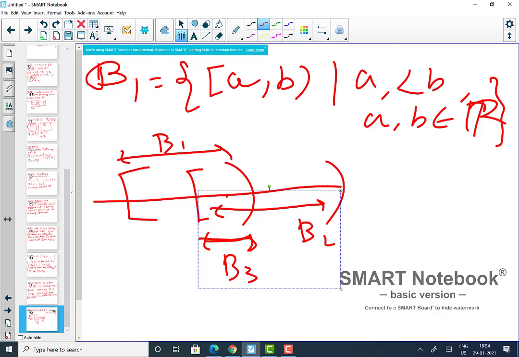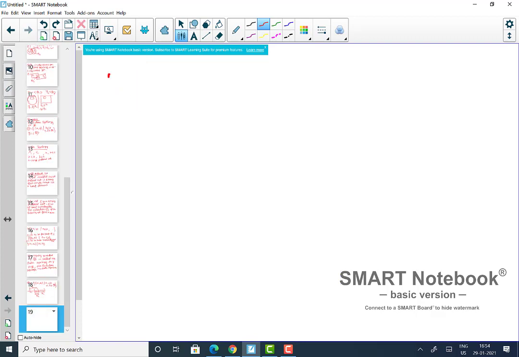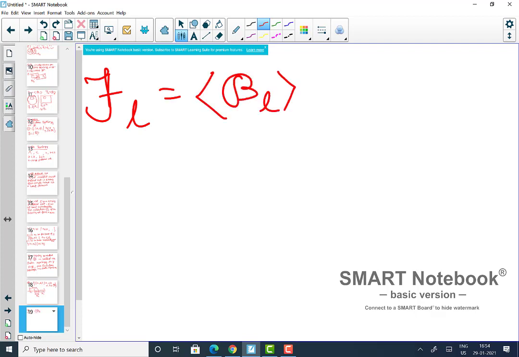Maybe let me write this by the name BL. Why I am writing L, you will understand. The topology generated by this, let me write tau L, is my definition: tau L is the topology generated by this BL.